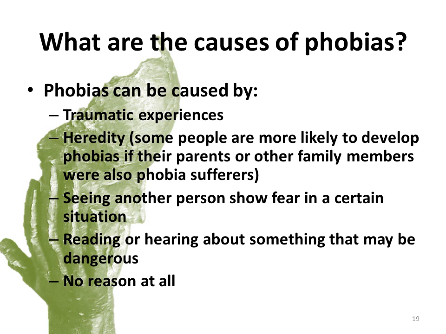Some people are more likely to develop phobias if their parents or other family members have also suffered from phobias or have some sort of past with phobic suffering. Also, seeing another person show signs of fear in a certain situation could cause someone to develop a phobia.